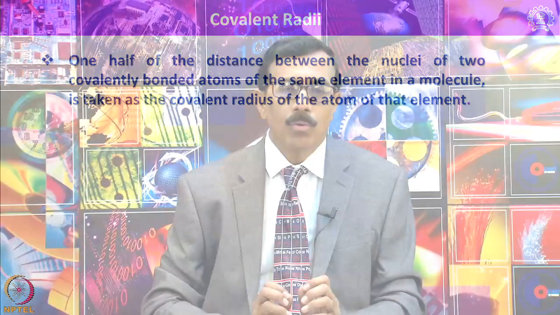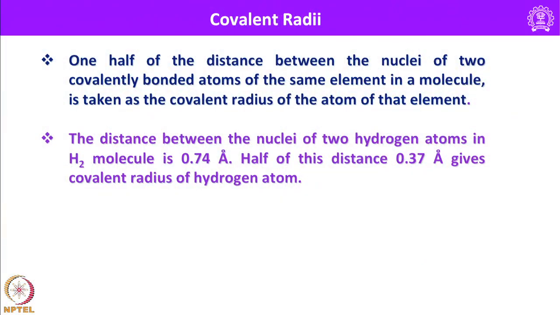Essentially, in a neutral homodiatomic species, the distance between the two nuclei is the covalent diameter, and half of that gives you the covalent radius of the individual atoms. The distance between the nuclei of two hydrogen atoms in the H2 molecule is 0.74 angstrom units. Half of this distance, that is 0.37 angstrom unit, gives the covalent radius of the hydrogen atom.